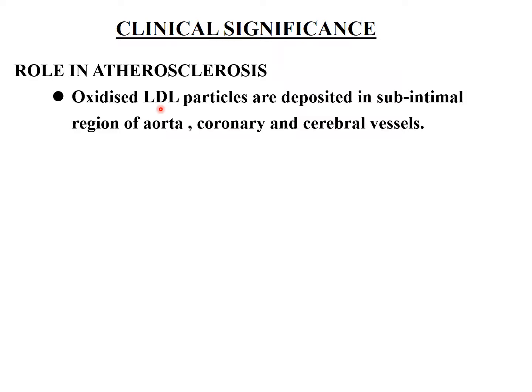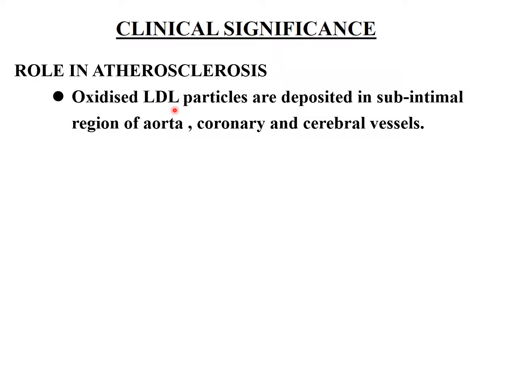Once they get affected by free radicals, they become oxidized. The effect of the free radical converts normal LDL to oxidized LDL. This changes the chemical property of LDL. Normally LDL is transported freely in the blood vessel, but in the presence of oxidized LDL, it becomes very sticky.